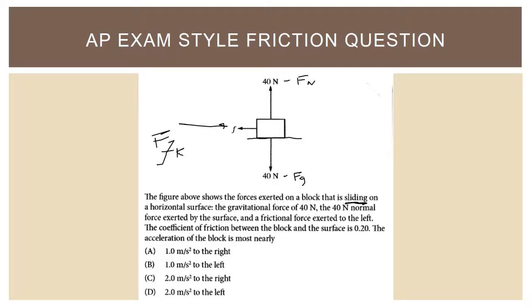And the force of kinetic friction always acts opposite the direction of motion. So we do know for a fact that this object here is moving to the right. But there is no force acting to the right. The only force horizontally acts to the left. And so that means here that the acceleration has to be to the left, even though the object is moving to the right.